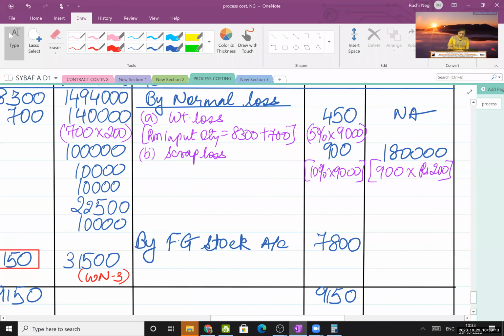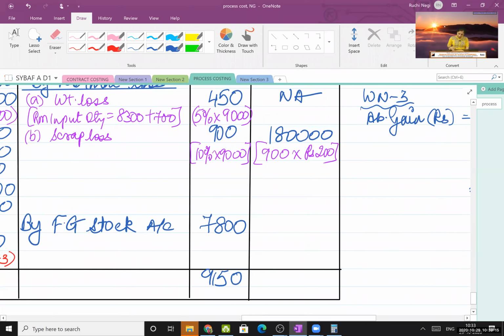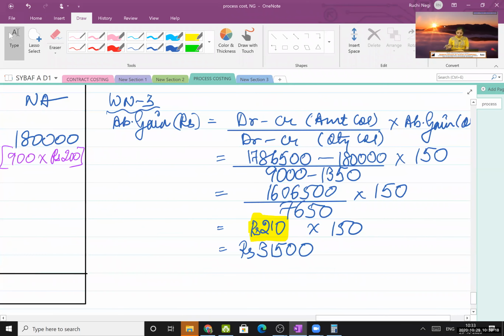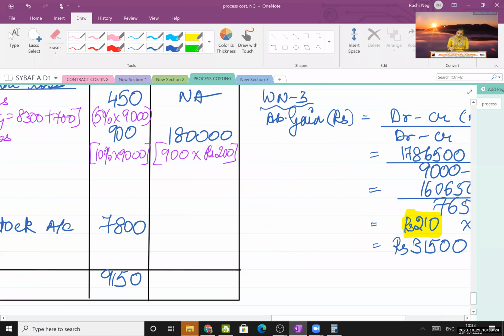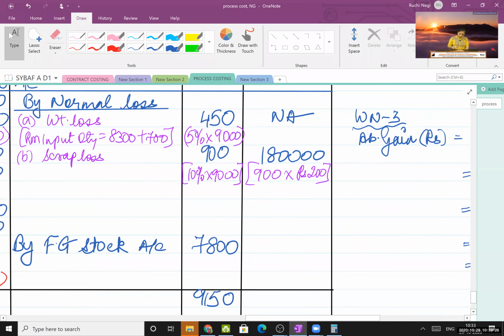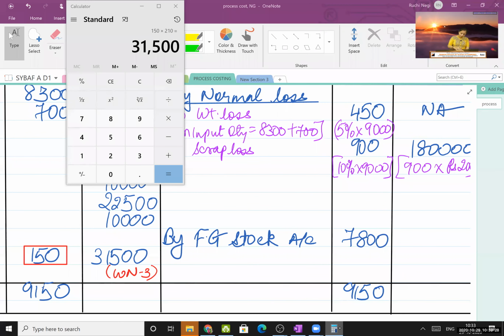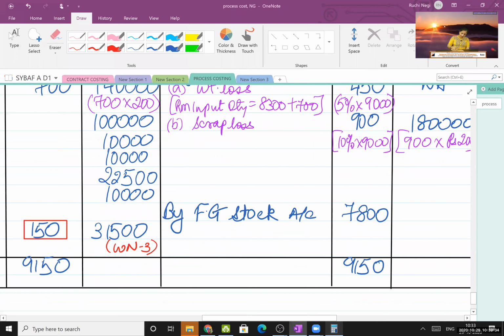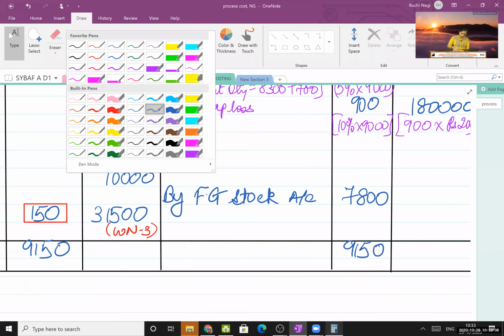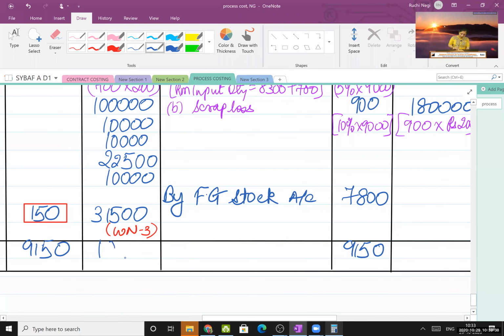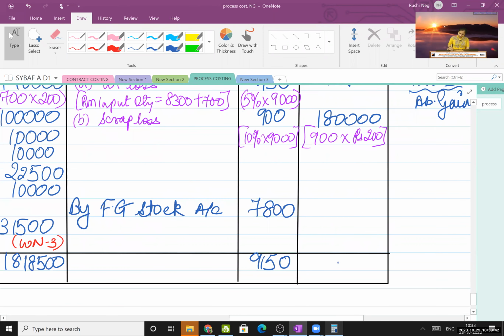That's it. Close the credit side, debit side now. And balance is obviously on the credit side. So 1786,500 debit balance मेरे पास है total 1786,500 उस पे ये 31,500 ऐड कर दो. 1786,500 plus 31,500 कितना हुआ 18 lakh 18,500. 18 lakh 18,500 minus the credit side.